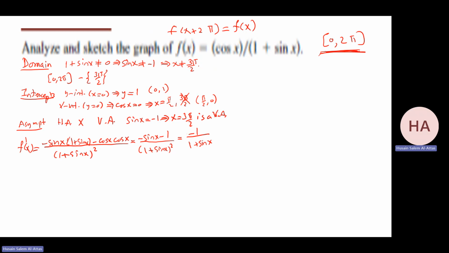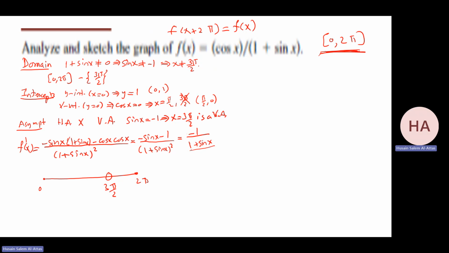Okay. So I need to consider only the point of discontinuity. That cannot be 0. So I have 0, 2 pi, and I have 3 pi over 2 here. Now between 0 and 3 pi over 2, this will be -1 over 1 plus sine x.